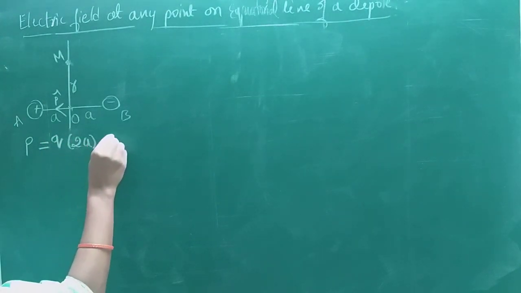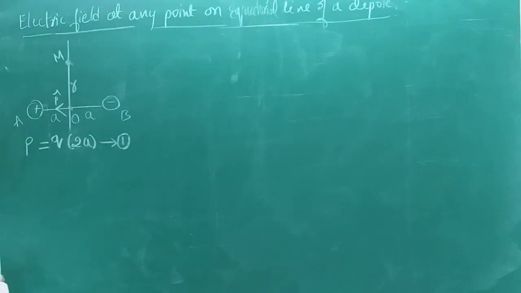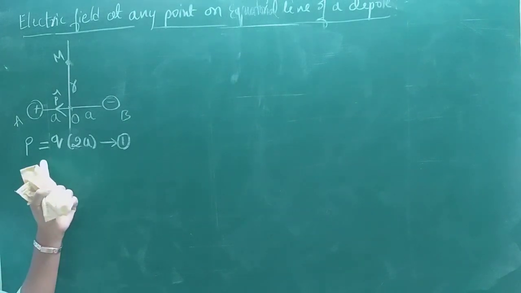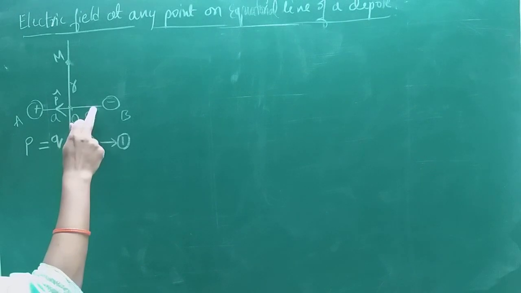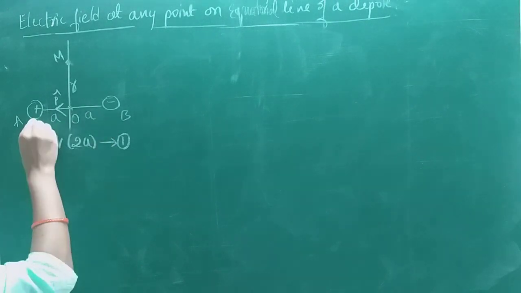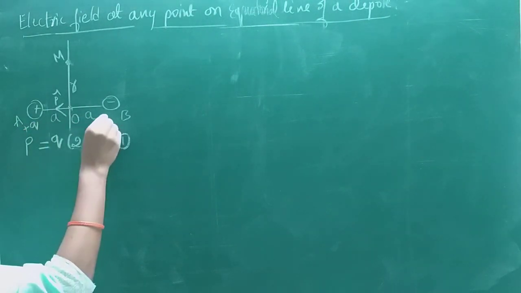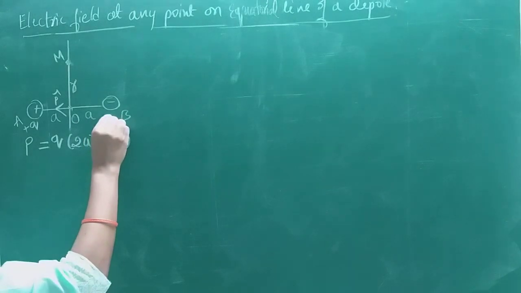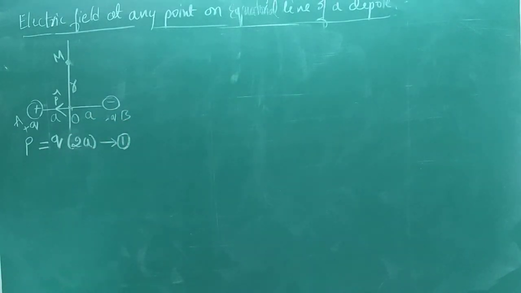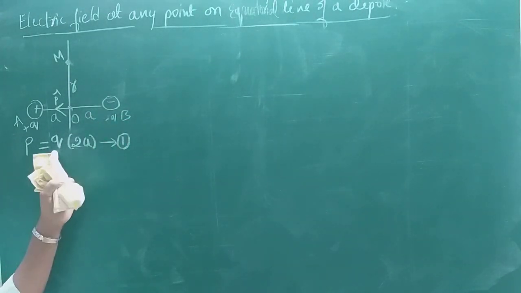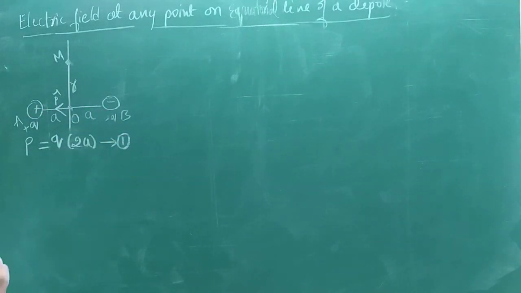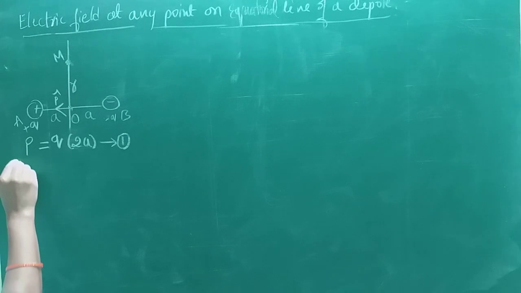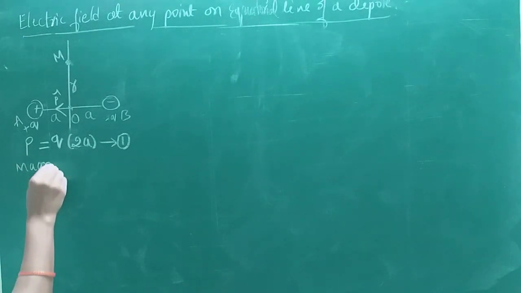Let it be equation 1. Here p is the dipole moment of this dipole and q is the charge strength, or magnitude of either of the two charges in the dipole, and 2a is the dipole length.